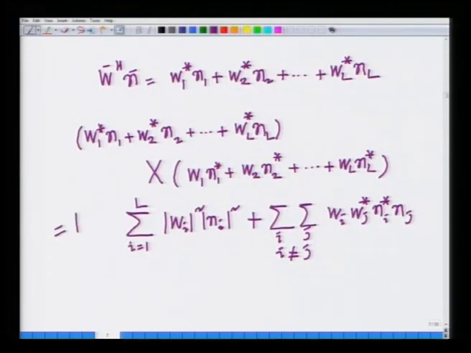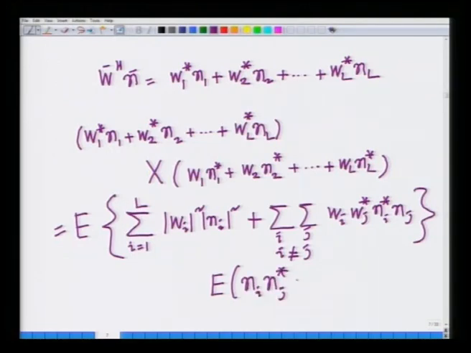Now, if I take the expected value of this whole thing, you can see that the cross terms, which are Ni and Nj conjugate, are 0, because the expected value of Ni times Nj conjugate is nothing but expected Ni times expected Nj conjugate, because the noises at the different receivers are independent.